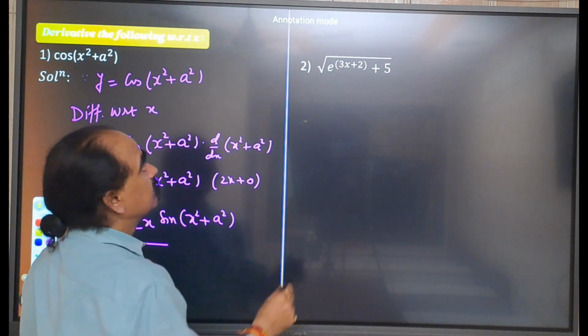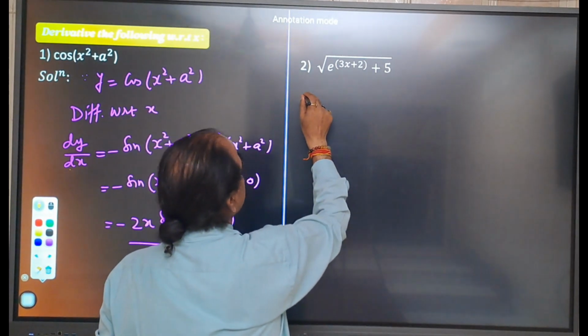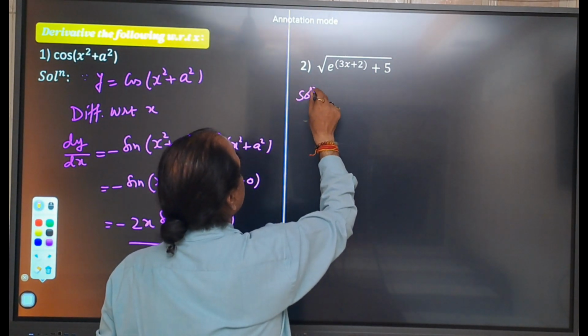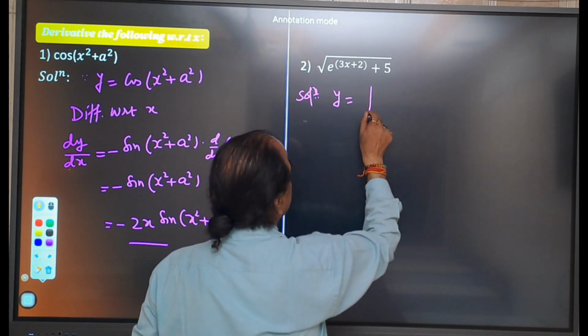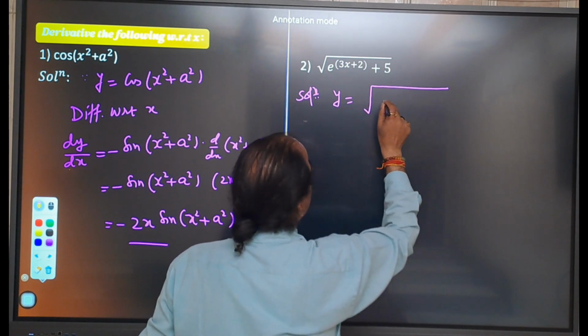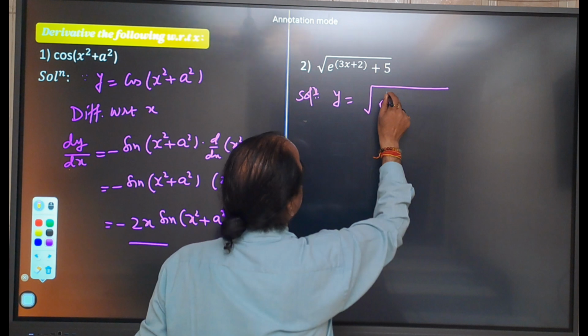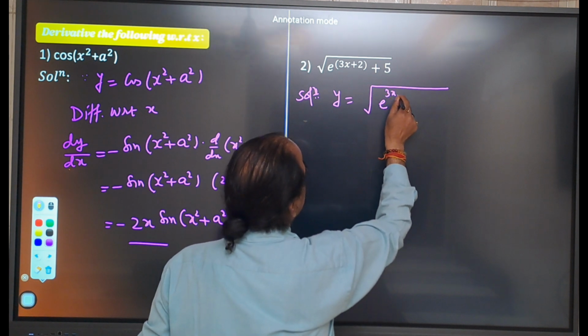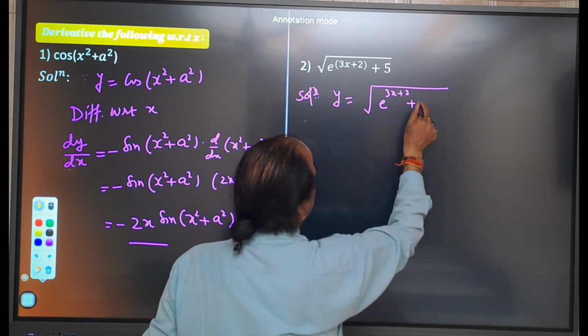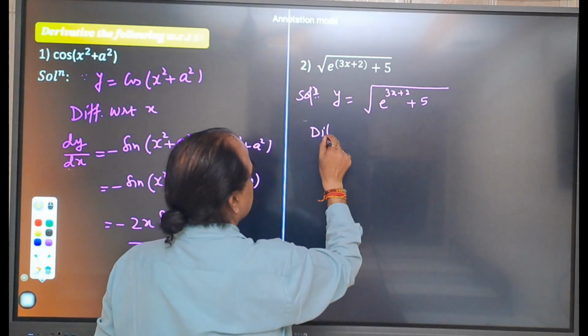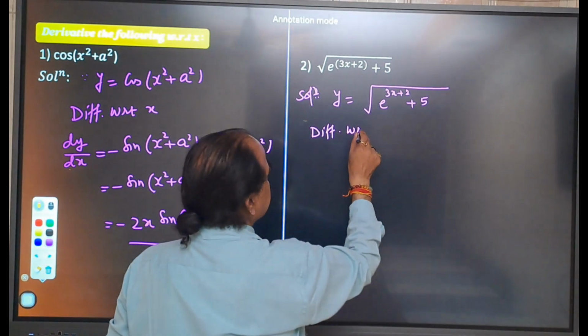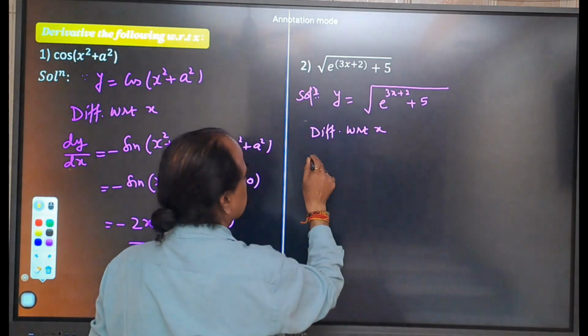Next is y is what? Root of (e raised to 3x plus 2 plus 5). Differentiating with respect to x.